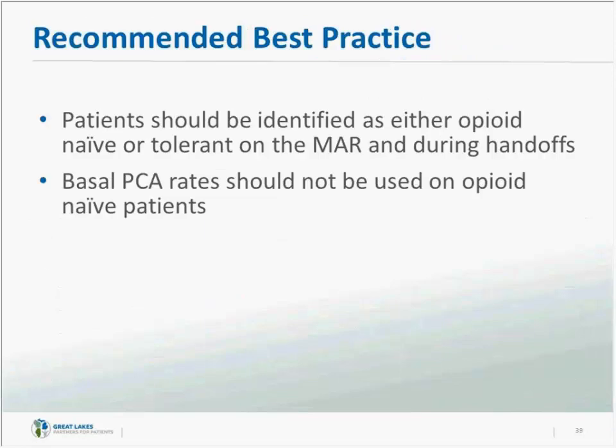And we know that patients should be identified as being either opioid naive or tolerant on the MAR and during handoffs. Again, handoffs are very, very important. And patients who are opioid naive should absolutely not be receiving basal rates of opioids. That should not happen in 2016. And so something that is relatively simple to find out in your hospital and hopefully relatively simple to change policy-wise, but probably harder to implement if you're at a hospital like mine where we have umpteen different private and employed groups of physicians that practice in many, many different ways.